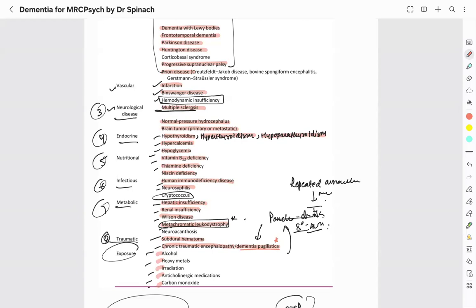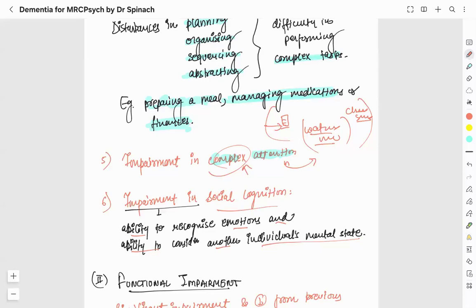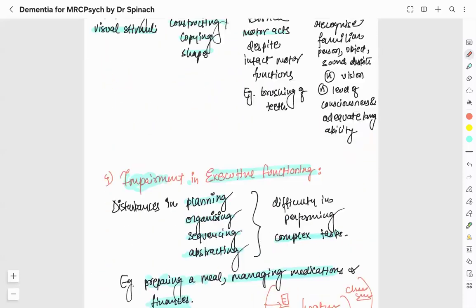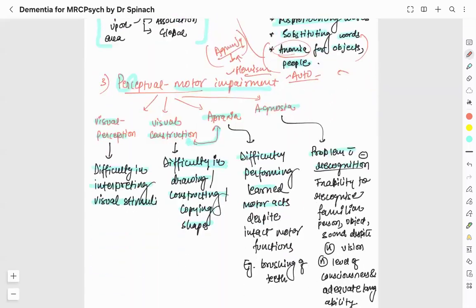And then we have perceptual motor. Then we have learning and memory, and language. We have executive function also, abstraction and everything. The last one that we just said is complex attention, and social cognition.